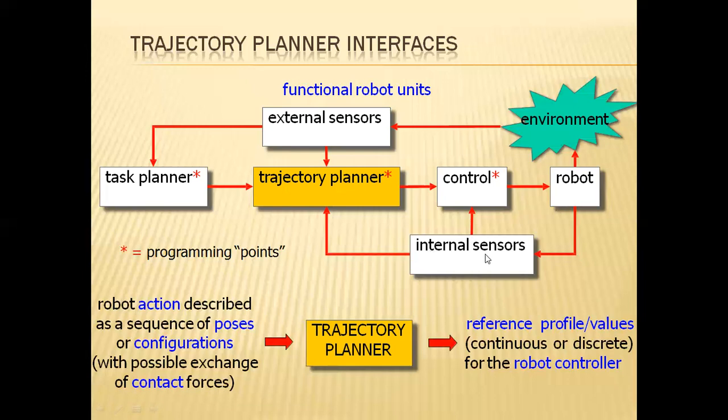And internal sensors, so here the internal sensors specify whether the instruction that has been given in the form of a program of steps from the trajectory planner has been executed by this robot or not. That will be given as a feedback device to the trajectory planner.